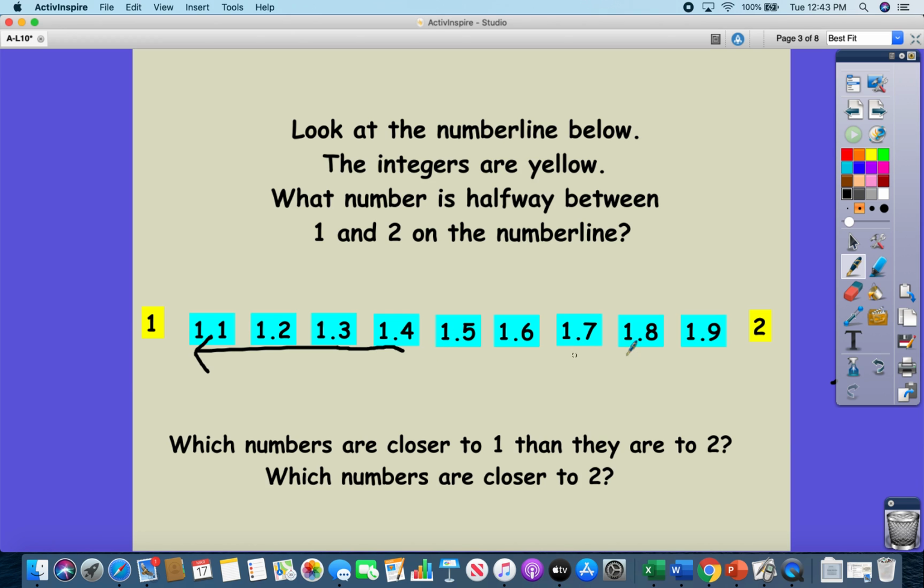Now, 5 through 9 is going to round up because they are closer to 2. So I'm going to say that one more time. 1 to 4 is going to round down. 5 to 9 is going to round up. Now notice, if it is 1.6, I'm having to change that whole number from a 1 to the next number, which is a 2. Right?